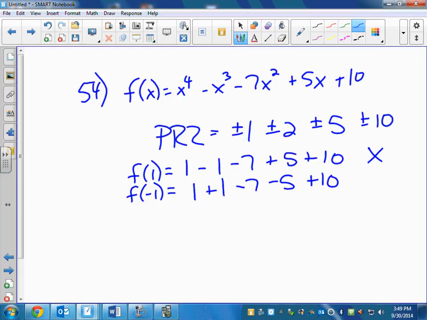I think that works. Is that true? Yeah. 2 and 10 is 12. Negative 7 and negative 5 is negative 12. Which means that does equal 0. So x equals negative 1 works.